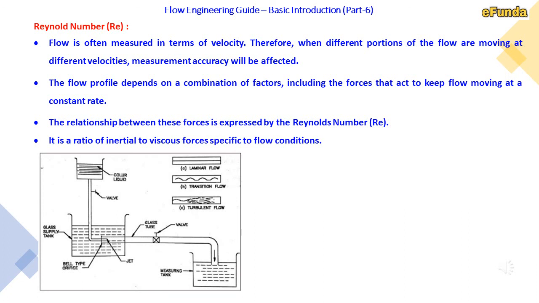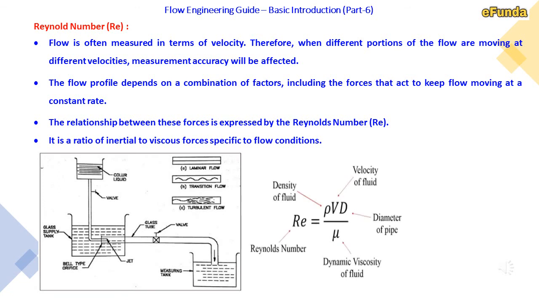One can see in the formula that the Reynolds number is equal to the density of the fluid flowing through a specific diameter of the pipe with specified velocity, divided by the dynamic viscosity of the fluid, which will impact the flow movement.